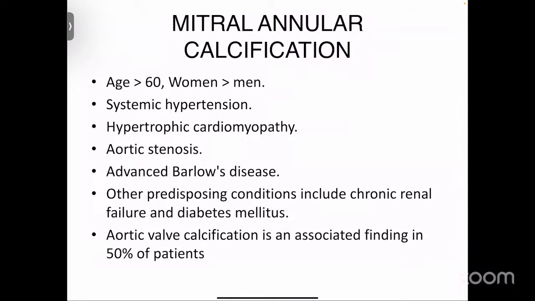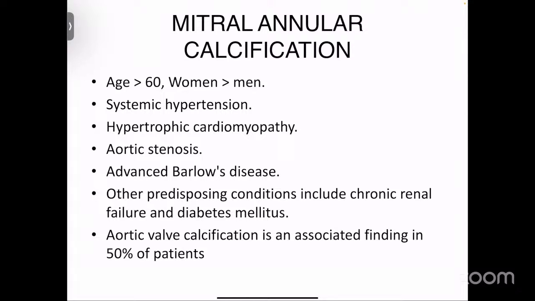Another condition that can cause mitral valve regurgitation is mitral annular calcification, a degenerative disorder that is usually confined to elderly individuals. Most patients are older than 60 years of age, and women are affected more than men.